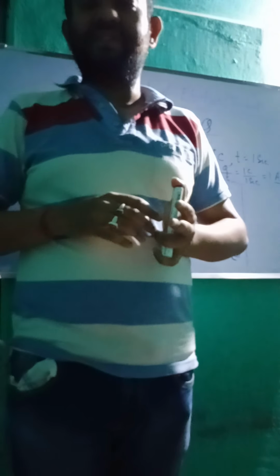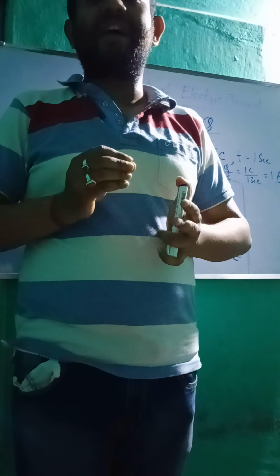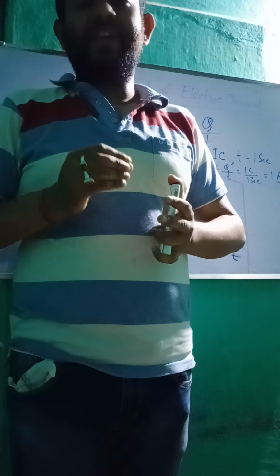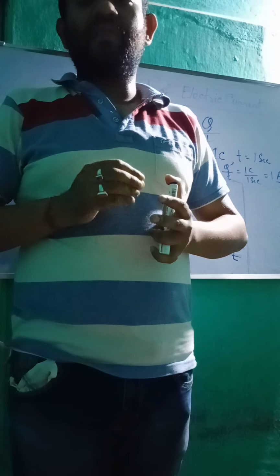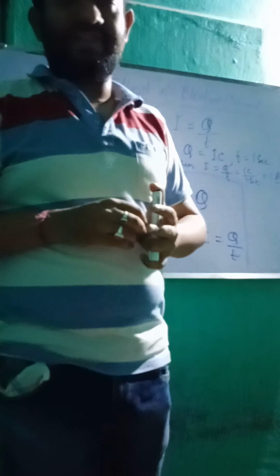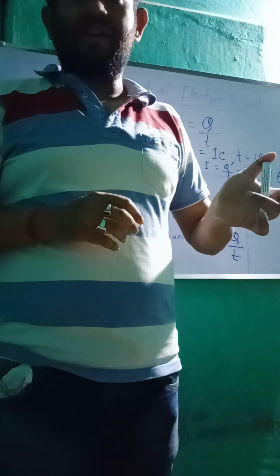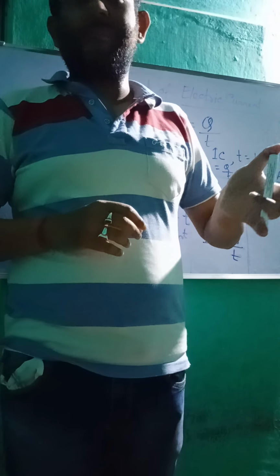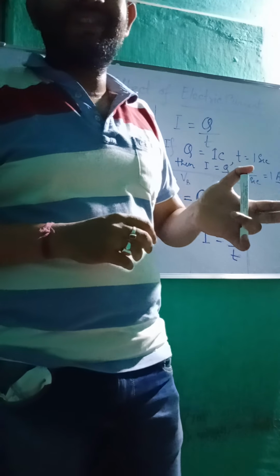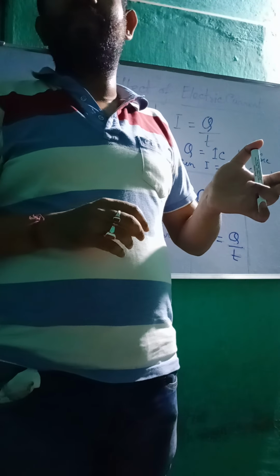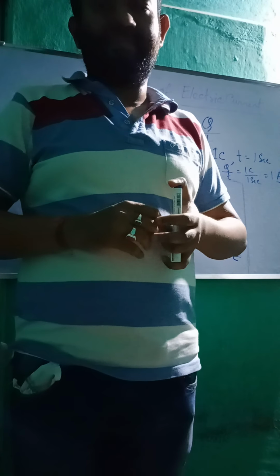These metals are known as conductors. Through them current can conduct, current can pass. But through wood current cannot flow, and through plastic current cannot flow. These types of materials through which current cannot flow are known as insulators.